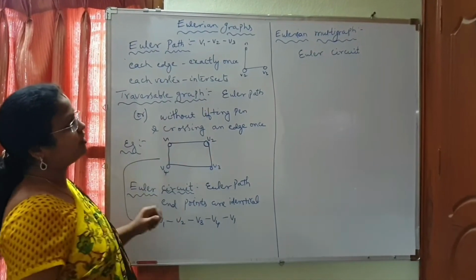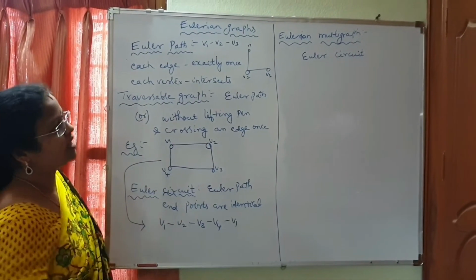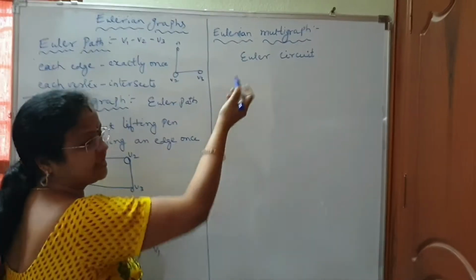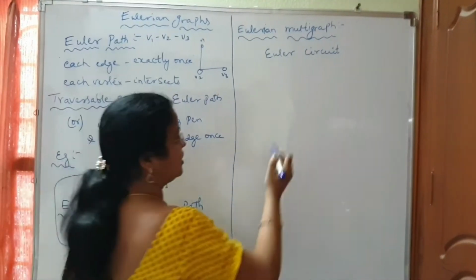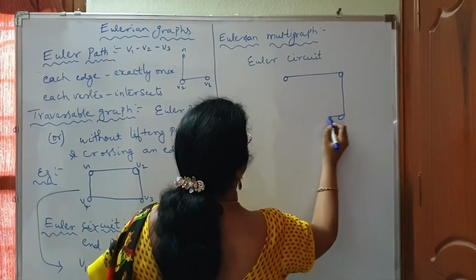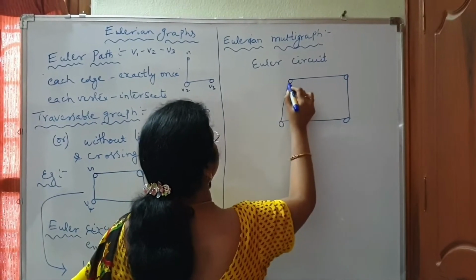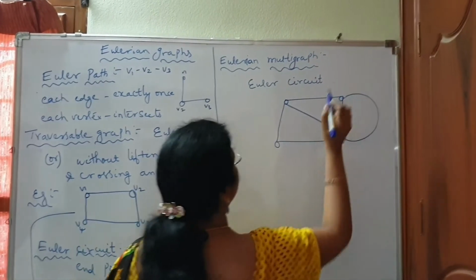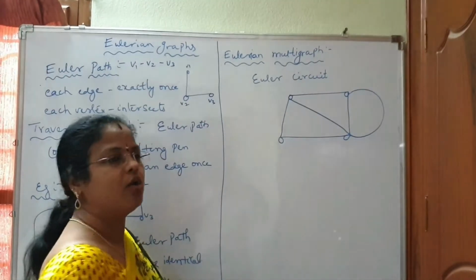Next, I am going to give you the definition of an Eulerian multigraph. A multigraph is said to be an Eulerian multigraph if it has an Euler circuit. Here I will give you the example. If you observe clearly, I am drawing this graph without lifting the pen and crossing each edge exactly once.